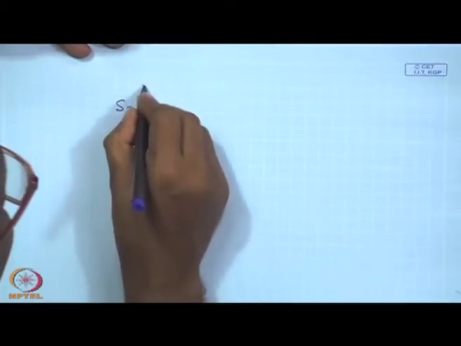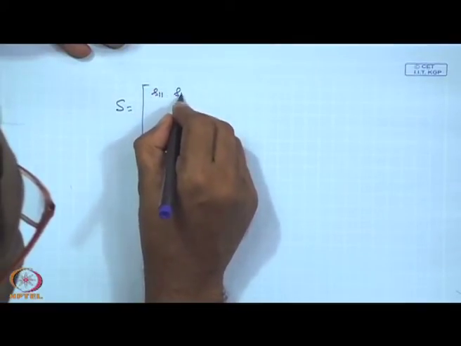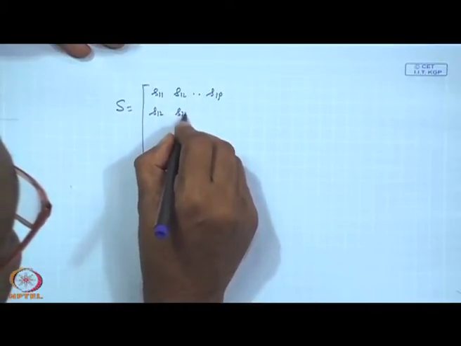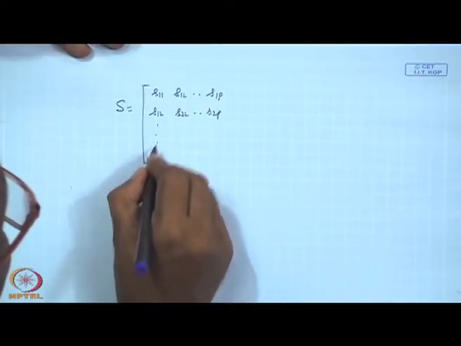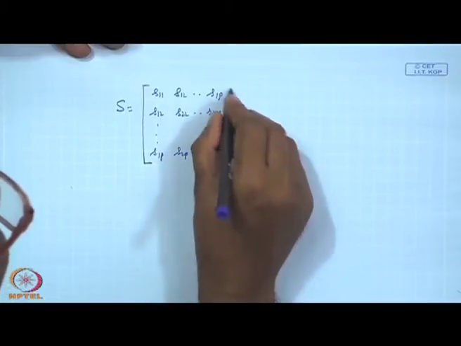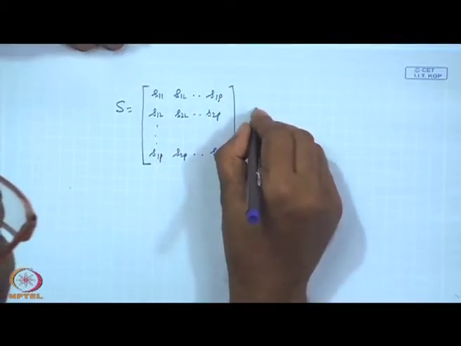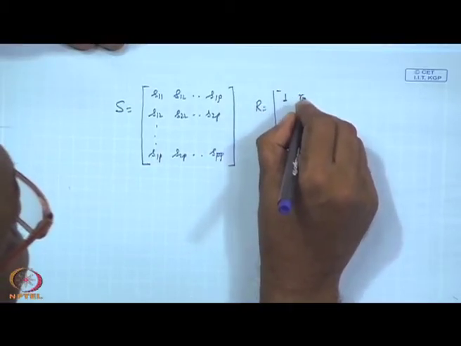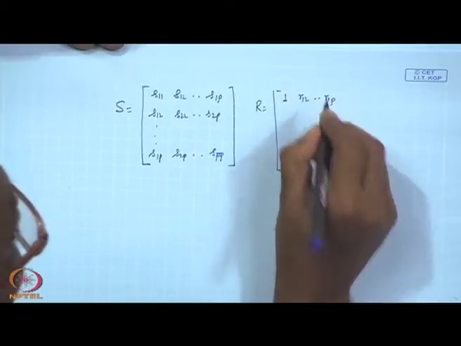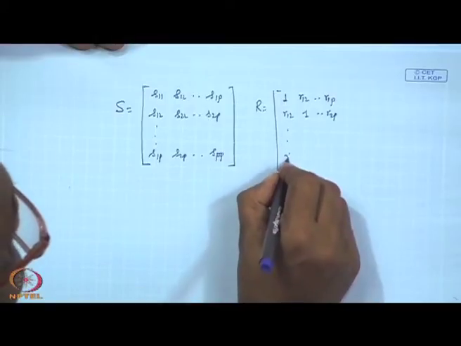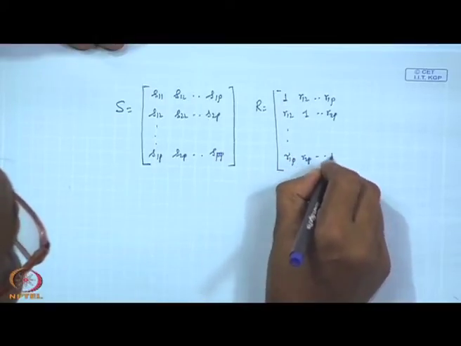Suppose my covariance matrix is this: S11, S12, S1p, S12, S22, S2p, like S1p, S2p, Spp. My correlation matrix is this: 1, R12, R1p, R12 again 1, R2p. So, like this R1p, R2p, 1.